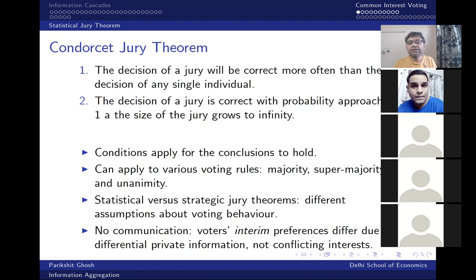Each of us votes for the better choice with 70% chance, and with 30% chance I'll vote for the wrong thing. So in the statistical models, these probabilities are fixed. They're taken as given. Now that's a bit of an unsatisfactory assumption.